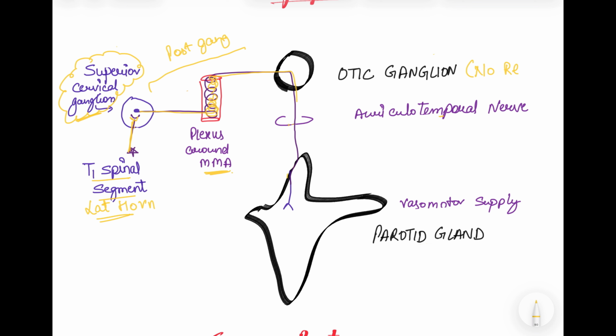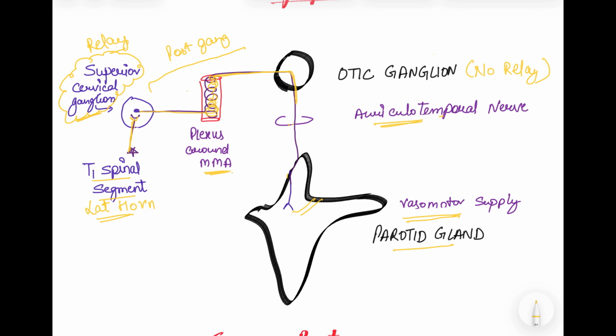So no relay is going to occur because the relay has already occurred in your superior cervical ganglia. So the fibers will pass through the otic ganglia without interruption, and via auriculotemporal nerve it will reach your parotid gland, supplying the blood vessels of the gland.